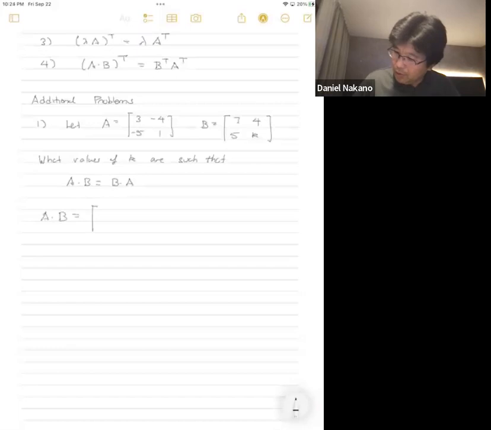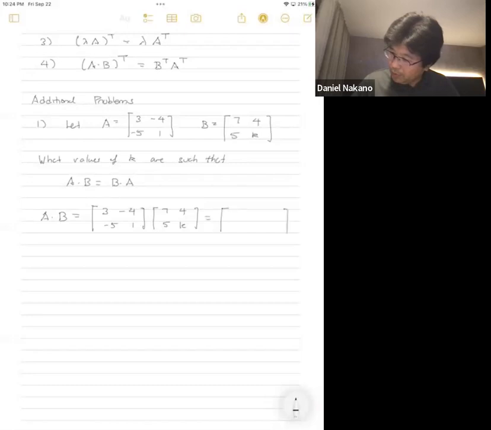Okay, so I'll put the matrices down here. That's 3, -4, -5, 1. And B is 7, 4, 5, and k. I take the dot product of the first row of A with the first column of B. So it's 3 times 7, that's 21, plus -4 times 5, so it's 21 minus 20, and that's a 1.